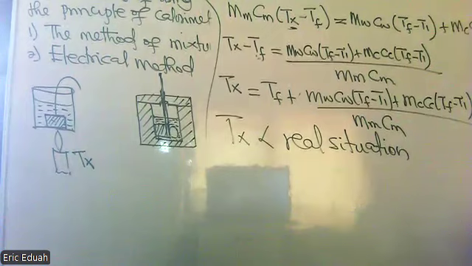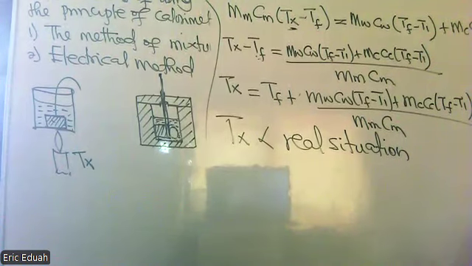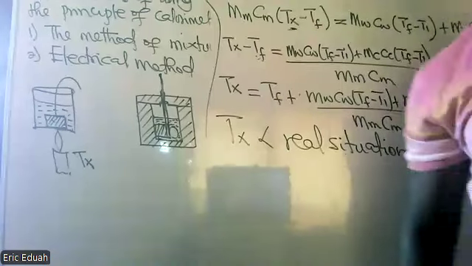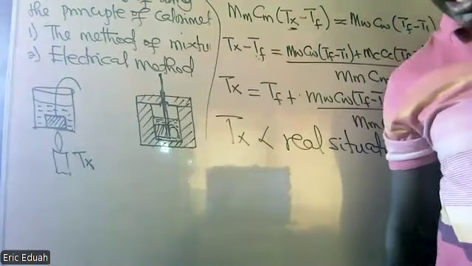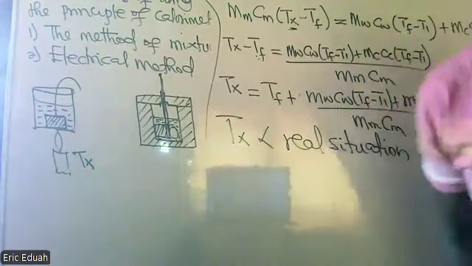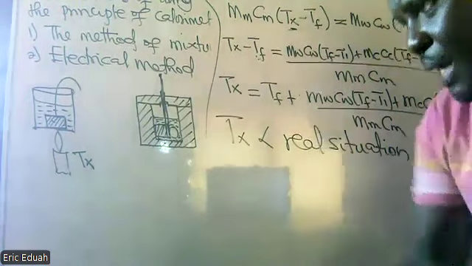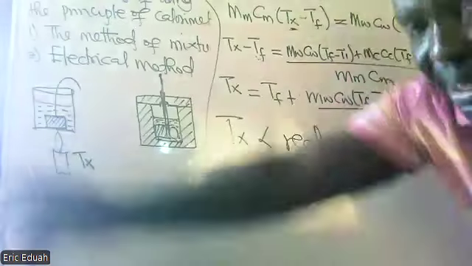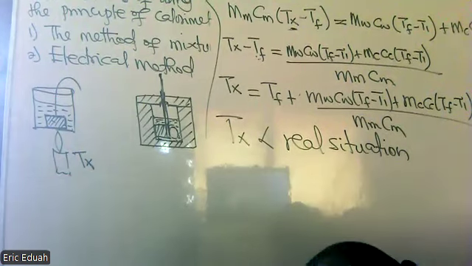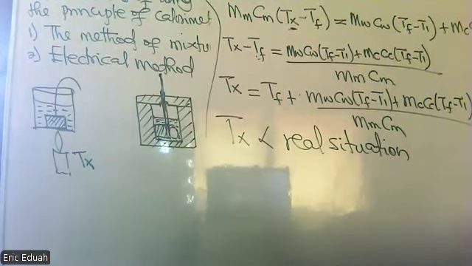Okay, Victoria, you said it unknowingly. You see, this is because the source is so hot that we can't go close. So what we are doing is that we put the metal into the source, and when it is heated for some time, we transfer it from the source to the calorimeter.